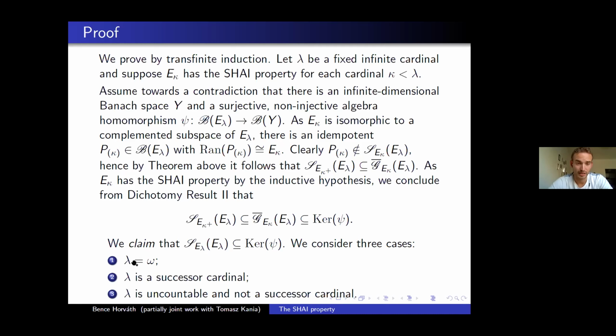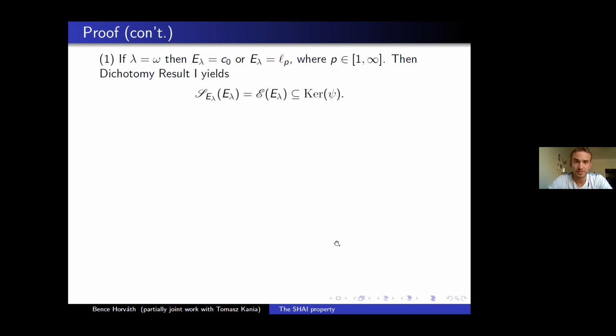So first, when lambda is just omega, then when lambda is a successor cardinal, and lastly, when lambda is some uncountable and not a successor cardinal. So the first case, actually, we pretty much already did that. When lambda is omega, then E lambda is just either c0 or one of the lp spaces.